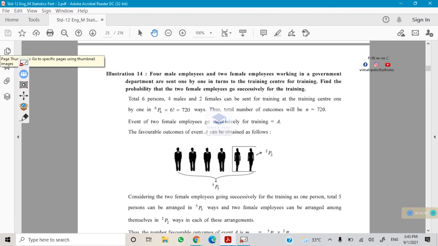4 male employees and 2 female employees working in a government department. The total 6 employees are there. Are sent one by one to training center for training. એક પછી એક એ લોકોને ટ્રેનિંગ માં મોકલે.